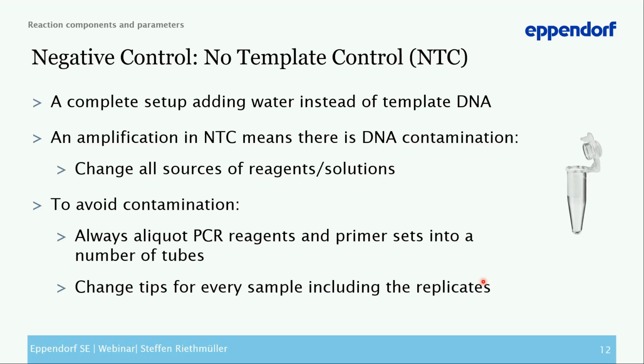And then the only thing you can do is to change all the sources, so all the reagents and solutions, and clean the pipettes. That's why it makes sense to always perform a negative control. And to avoid contamination, it makes sense to aliquot the PCR reagent and primer sets into a number of tubes and change the tip for every sample, also including the replicates.